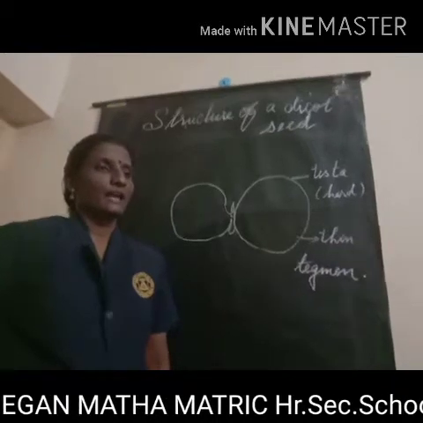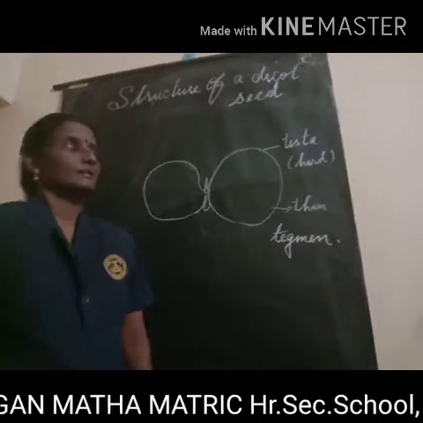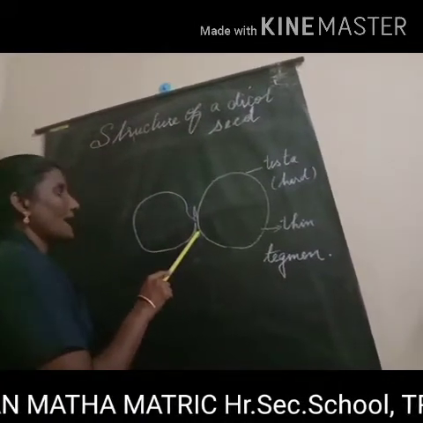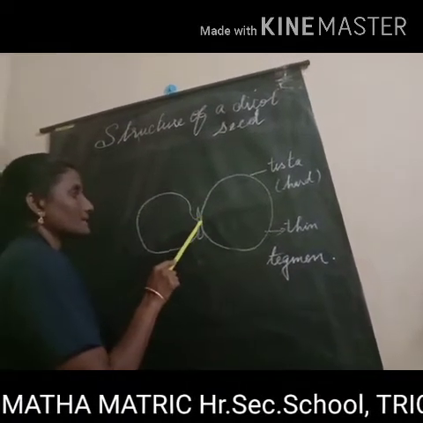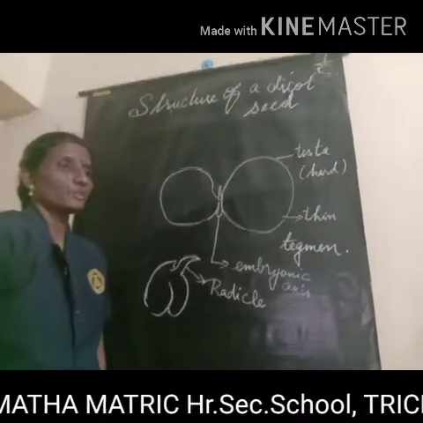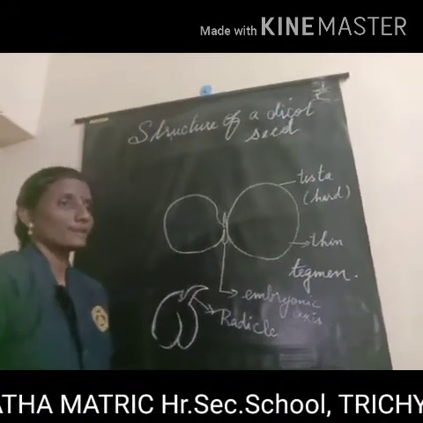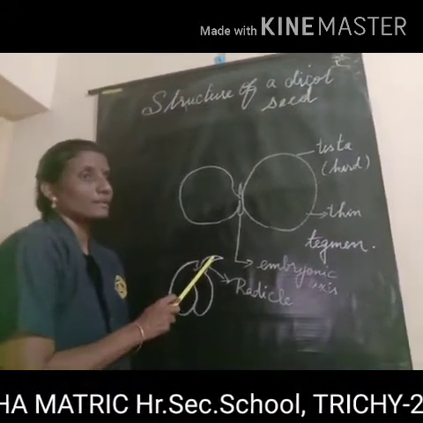Two cotyledons are laterally attached to the embryonic axis. The portion of the embryonic axis projecting beyond the cotyledons is called the radicle, or embryonic root.